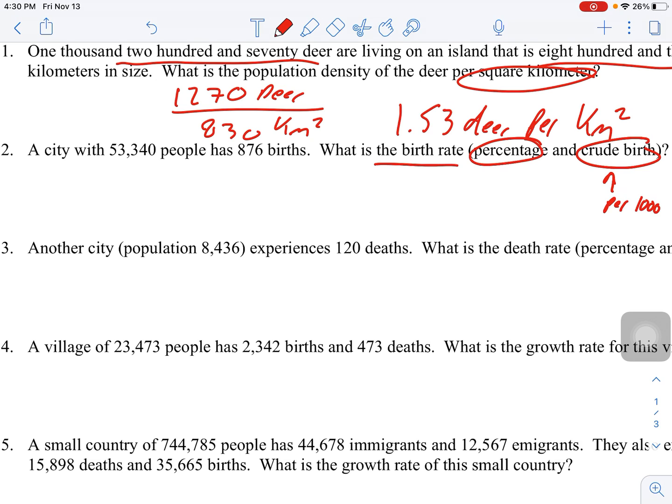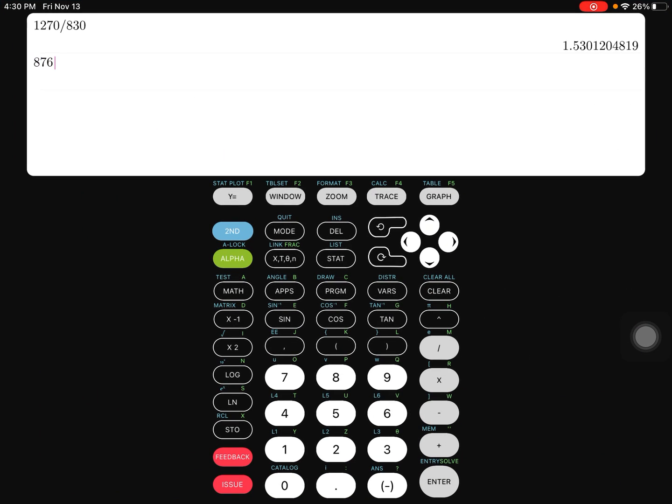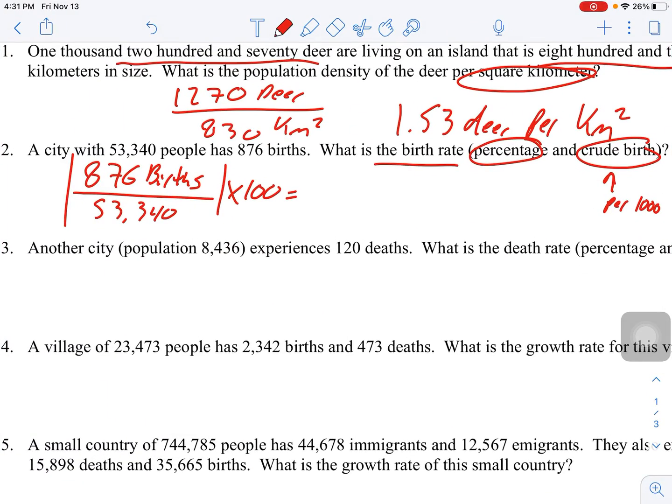So you have 876 births and the total population is 53,340, and then we'll multiply that by 100 to get a percent. So 876 divided by 53,340 times 100 gives us 1.6%, or 1.64%.